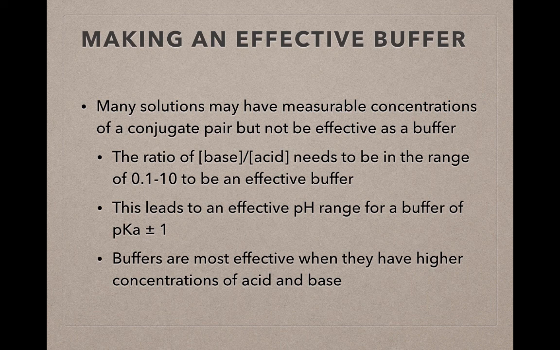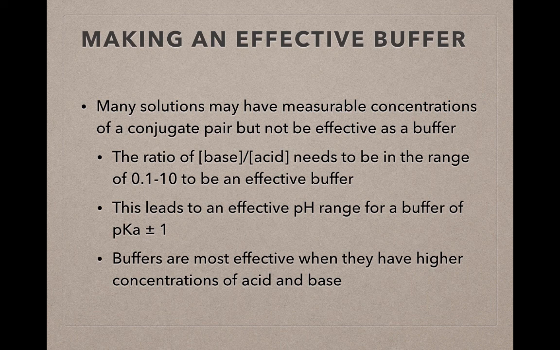If you make it outside of that range, it will not be an effective buffer, or as you're adding acid or base, if you move the pH of that solution out of that range, it will stop being an effective buffer.